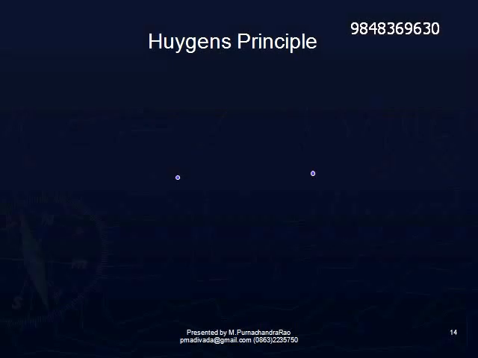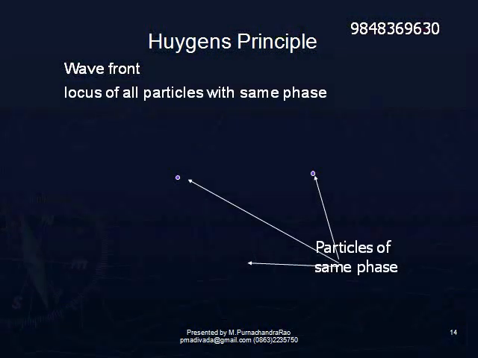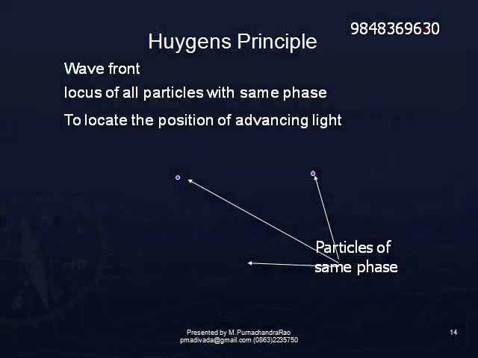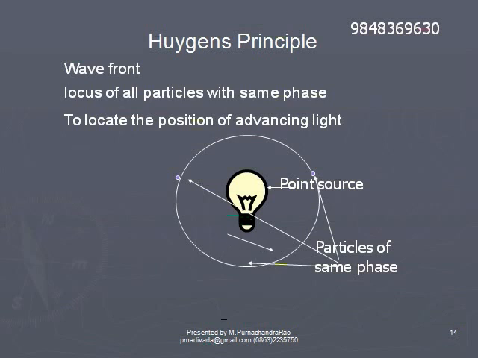Huygens principle. He proposed a concept known as the wavefront for understanding the propagation of light when it is traveling in the form of waves. This principle is still used. We can define it as the locus of all particles whose phase is the same. Consider a source of light like a bulb, as a point body.